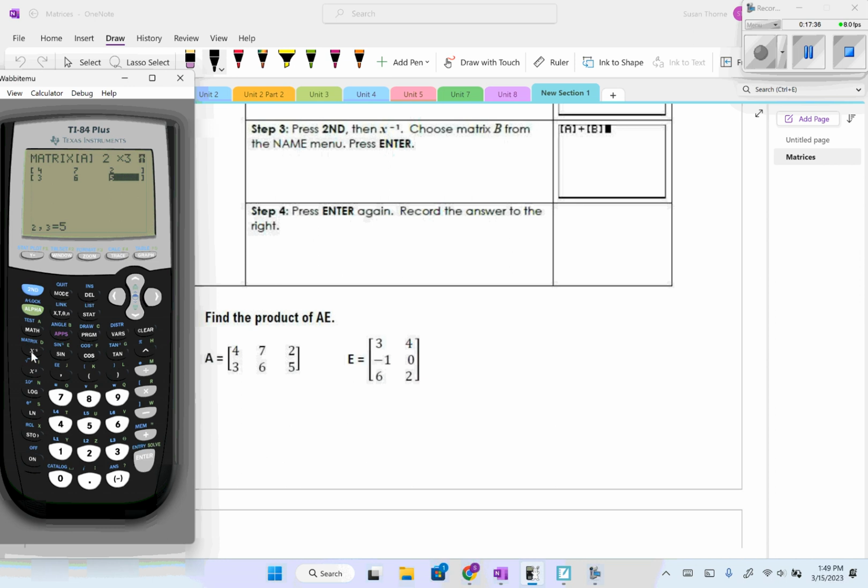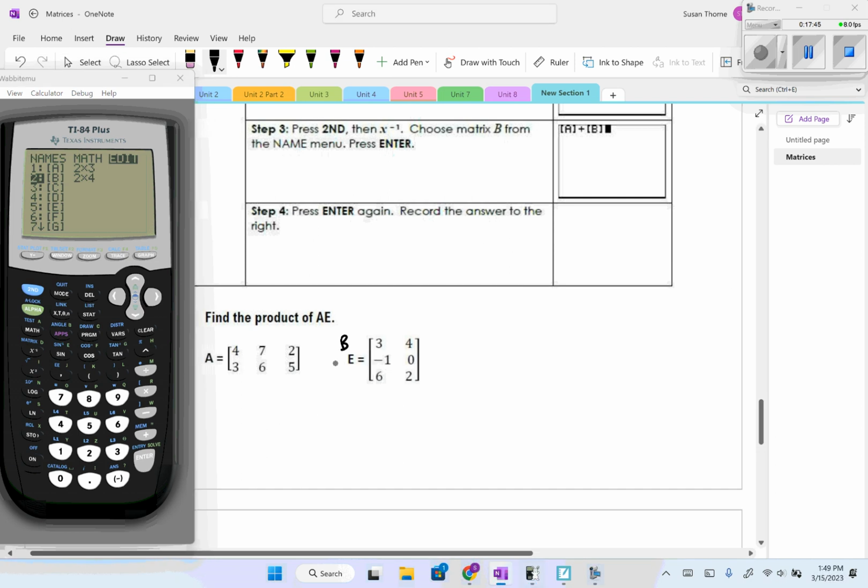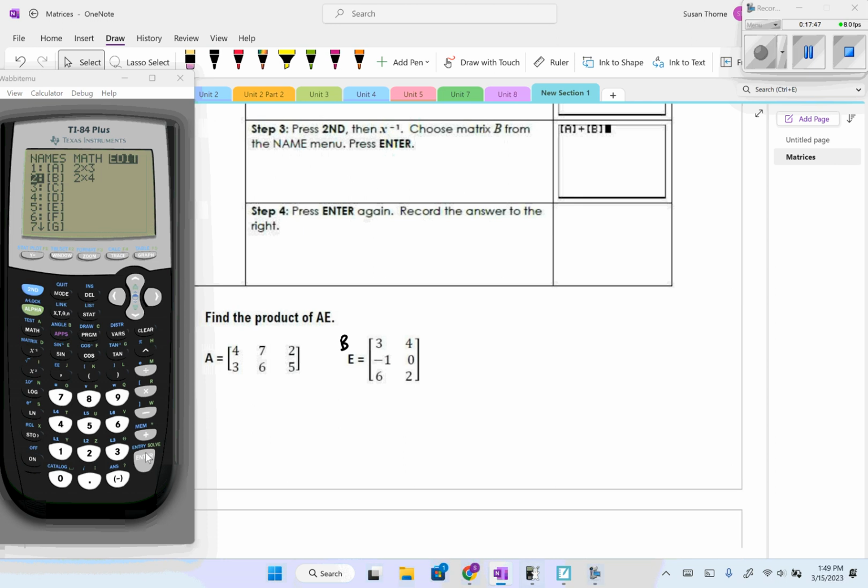Then I'm going to hit the second matrix button again and go over to edit. Instead of E, I'm going to do this in B, so don't forget that it's in matrix B on my calculator. You could scroll down to E if you want to. I always just do the ones in a row, but it doesn't really matter.